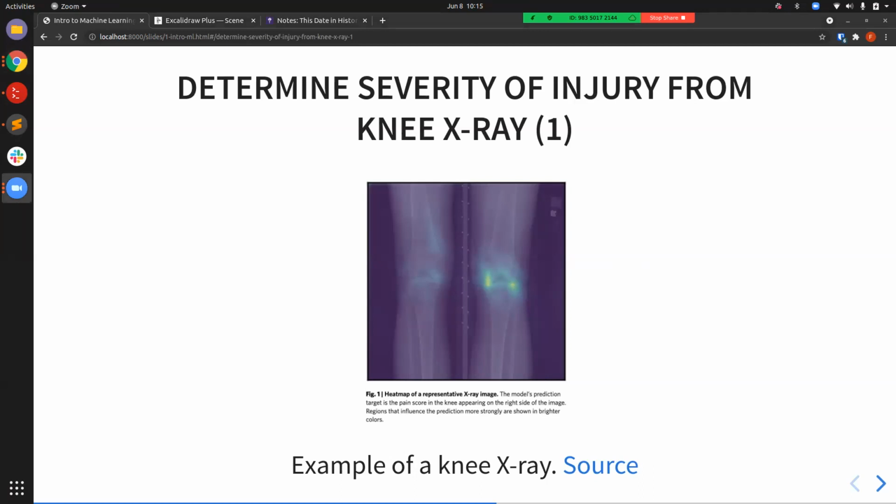So here is a knee x-ray. And suppose we want to train a machine learning system to determine the severity of the injury from a knee x-ray. Is this a good candidate for a machine learning system?